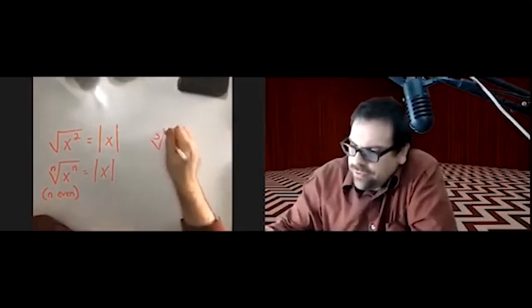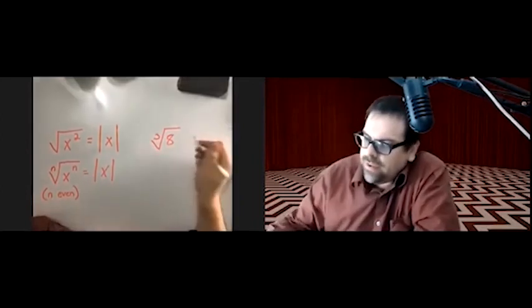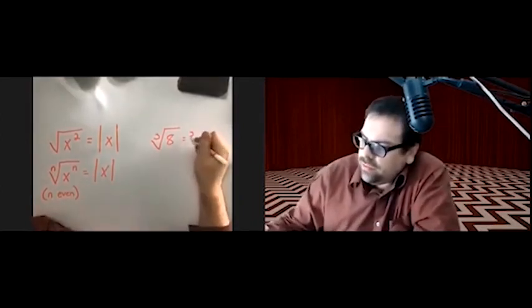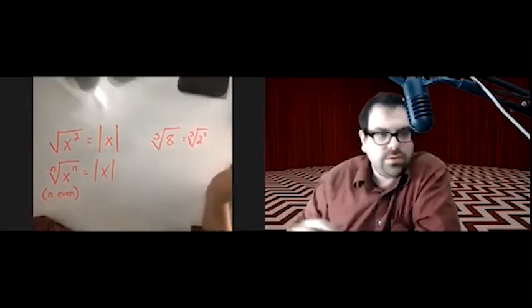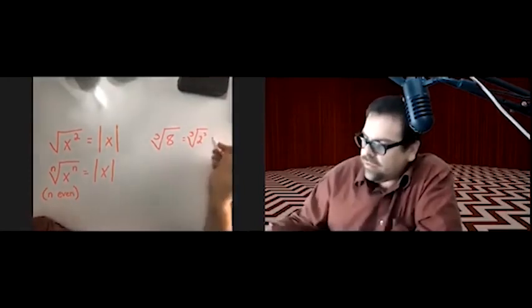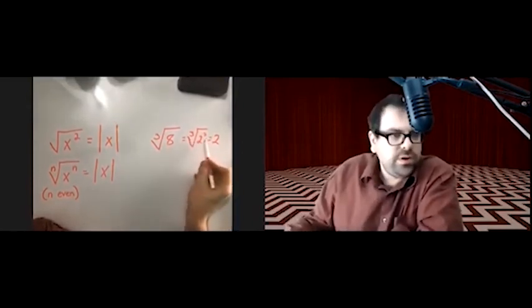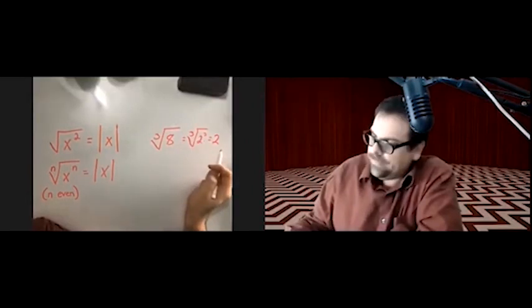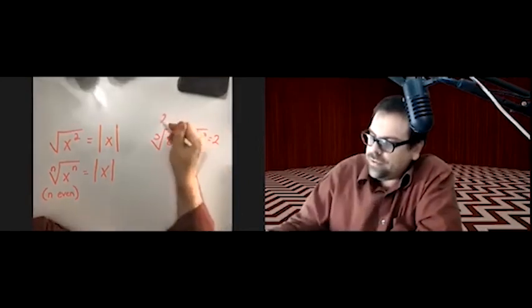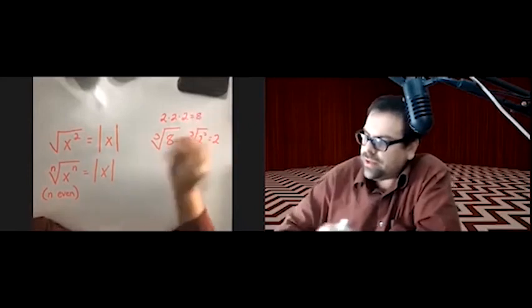The cube root of 8, well, that would be the cube root of 2 cubed. And the cube root of 8 is 2, because the cube root and the cube cancel each other out. Two times 2 times 2 is 8.